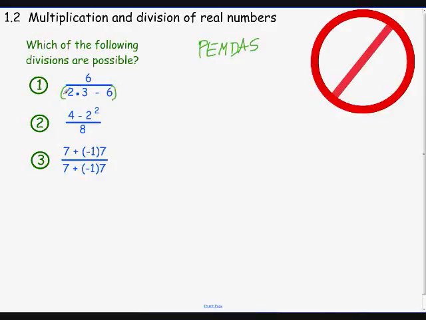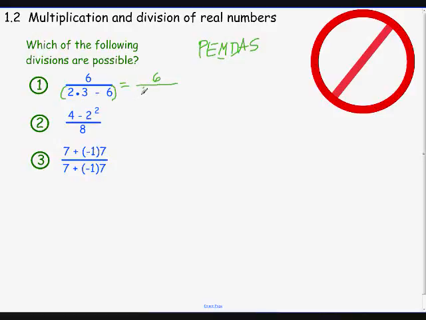So recognize that this is isolated from the 6 and it could be considered as being in parentheses. We need to do what's in the parentheses first. And when we start looking at what's within the parentheses, we notice we've got subtraction and we've got multiplication. Which do we do first? Multiplication. Subtraction we do much later.